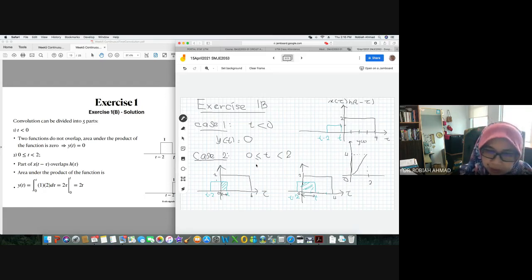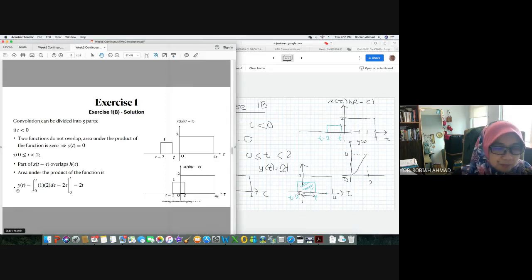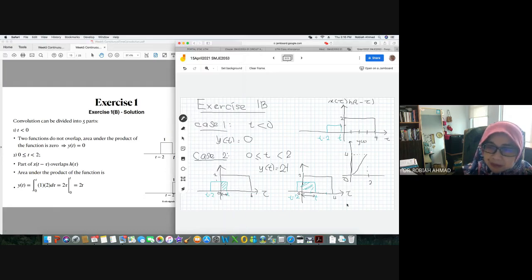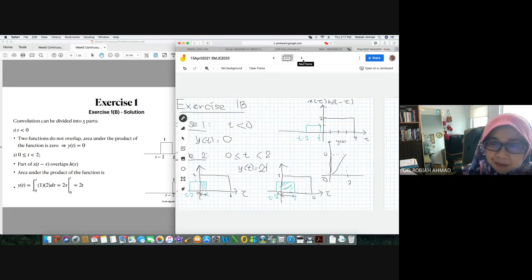Okay, so we have here y(t) equals 2t. Okay, so this one. Bagaimana dapat dia? Beginilah. Dia tinggi, dia besar until the t approaching 2. That will be the third case.